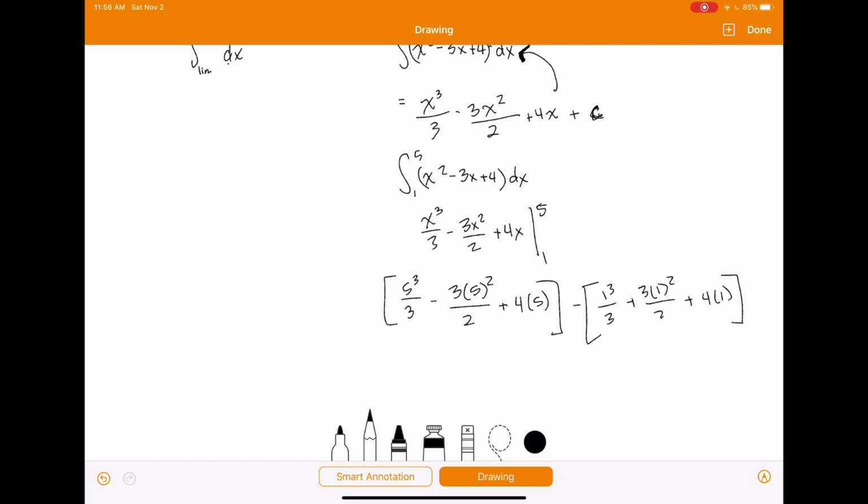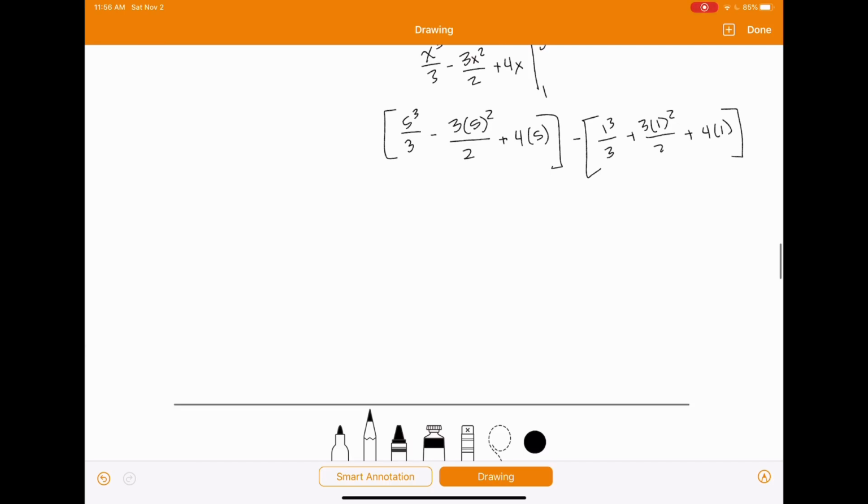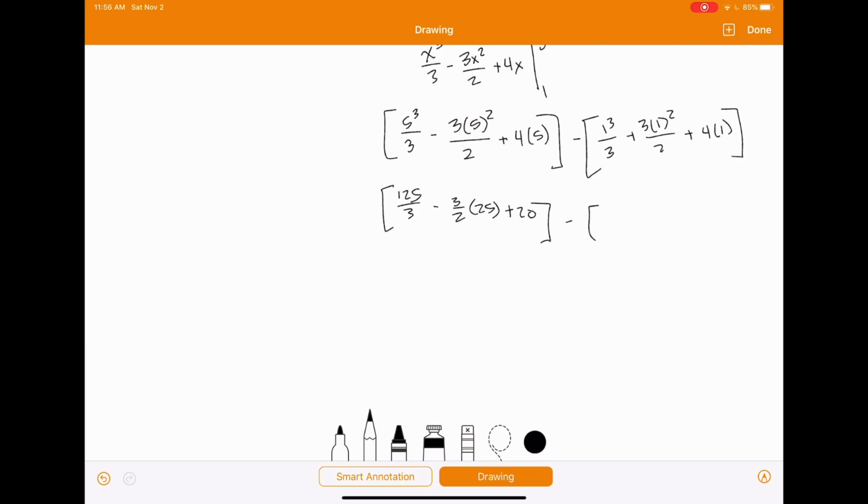If we work this out, you'll end up with 125 over 3 minus 3 over 2 times 25 plus 20 minus 1/3 plus 3 over 2 plus 4.